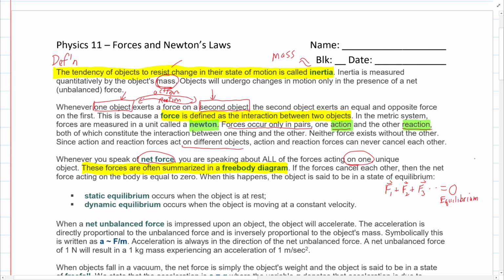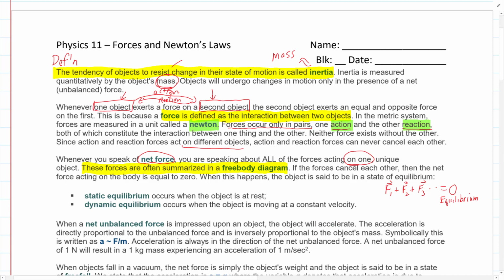There's two types of equilibrium. Static equilibrium, when the object is at rest and therefore remains at rest, and dynamic equilibrium, when it's moving. When a net unbalanced force is impressed upon an object, the object will accelerate. So this is important. What happens if it's unbalanced?